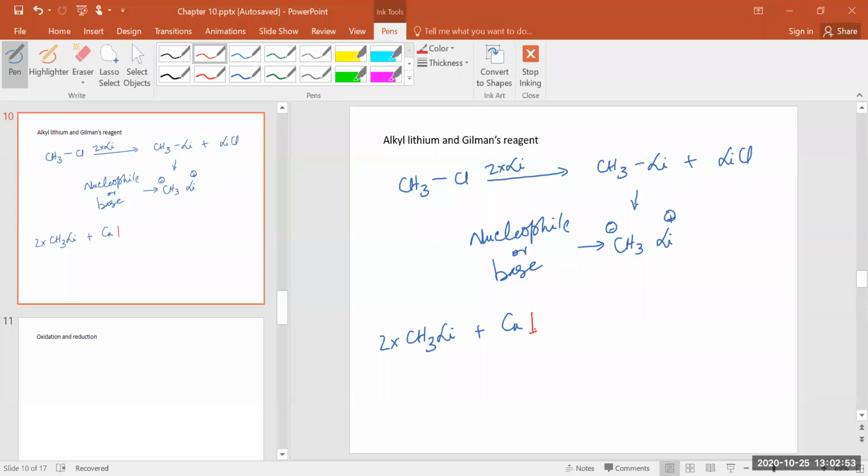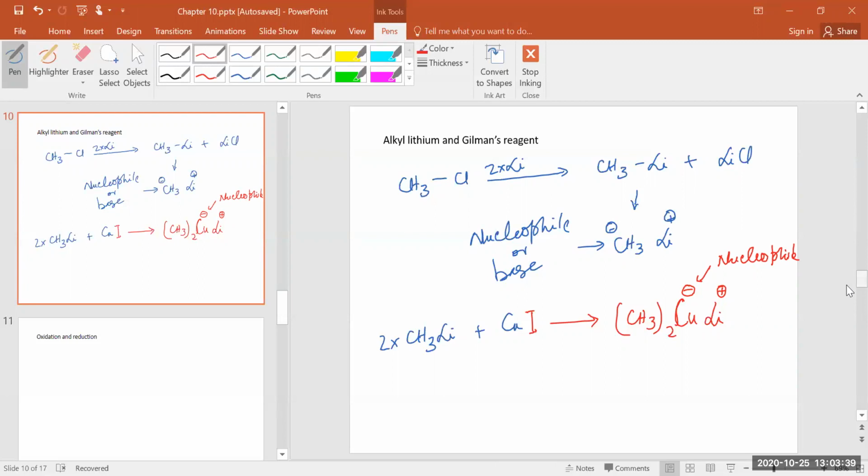It will form (CH3)2CuLi. Here lithium is positive and copper is negative. So this is called lithium dimethyl cuprate. Why is it a cuprate? Because copper has a negative charge. So here this one acts as a nucleophile. Remember these reagents: copper nucleophile, lithium dimethyl cuprate.